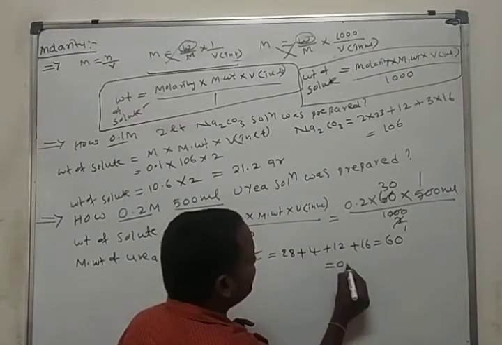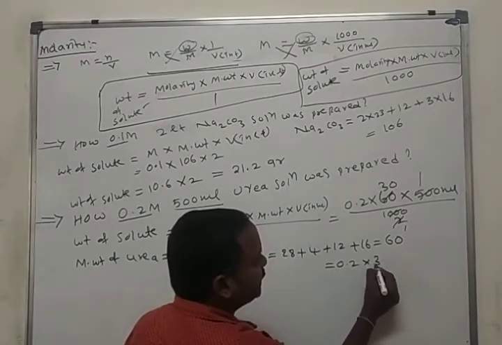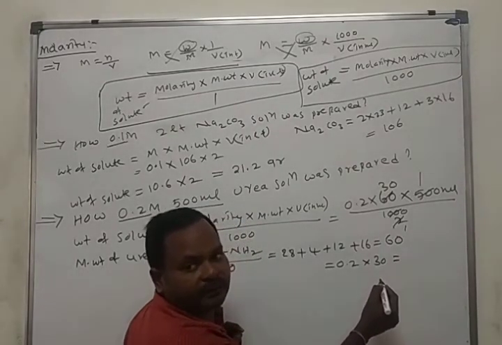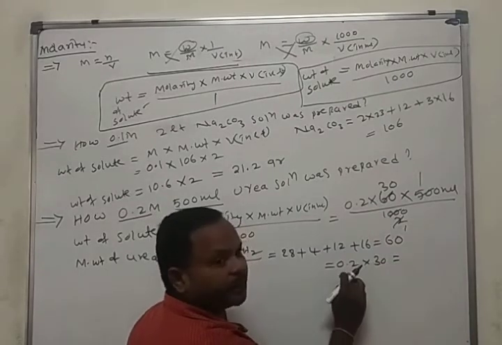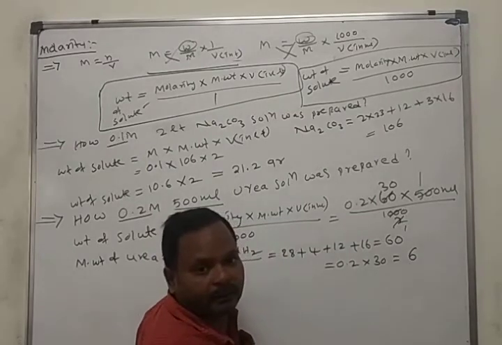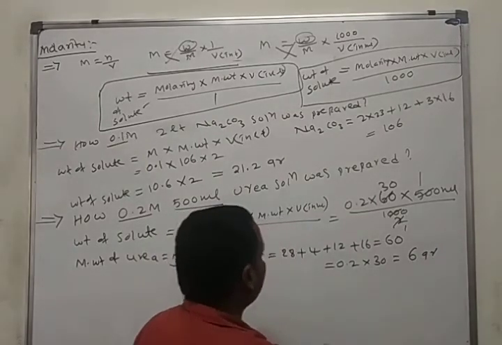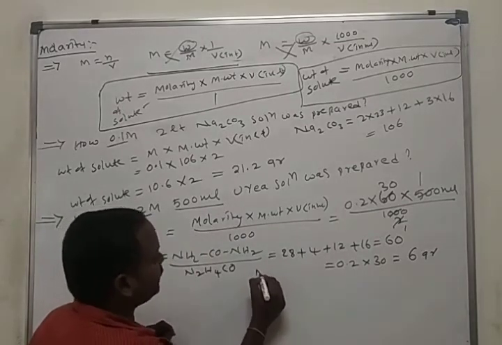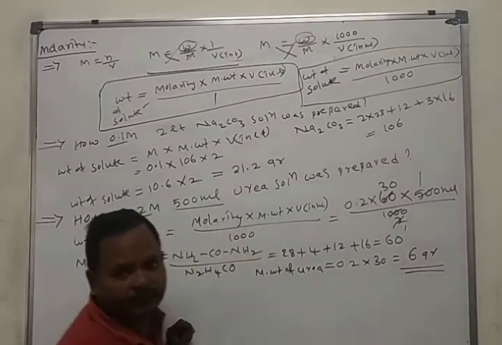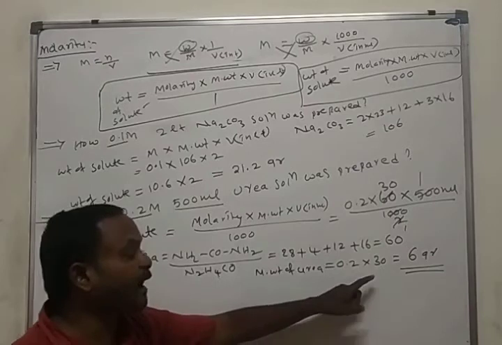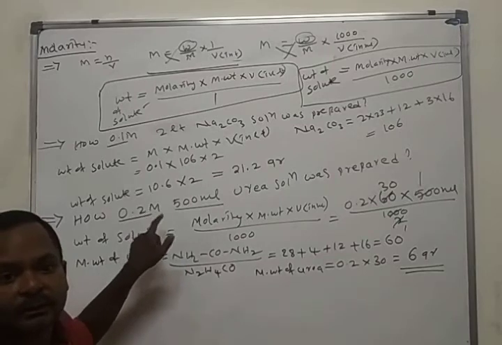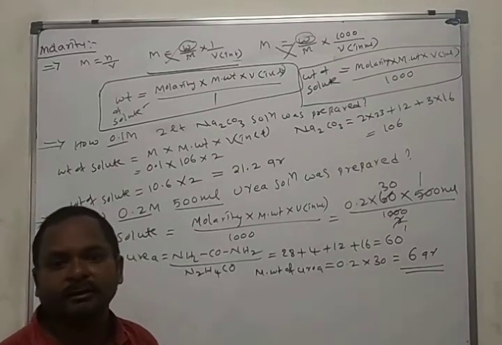Here we have 0.2 into 30, which is 6 grams. The molecular weight of urea is 60 grams. If 6 grams of urea is dissolved in 500 ml of water, we get a 0.2 M concentrated solution.